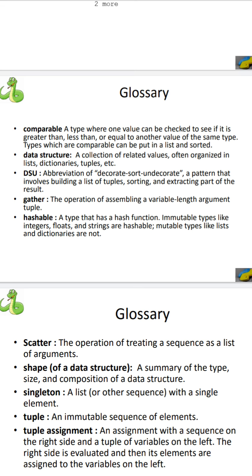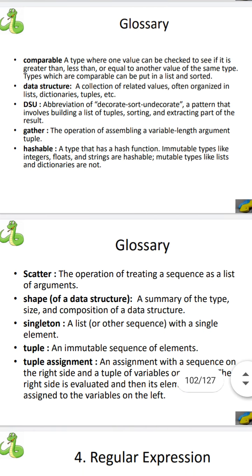Gather, the operation of assembling a variable length argument tuple. Hashable, it is a hash function. Here we can use immutable types like integers, floats and strings as hashable, whereas mutable types like lists and dictionaries cannot be used as hashable.